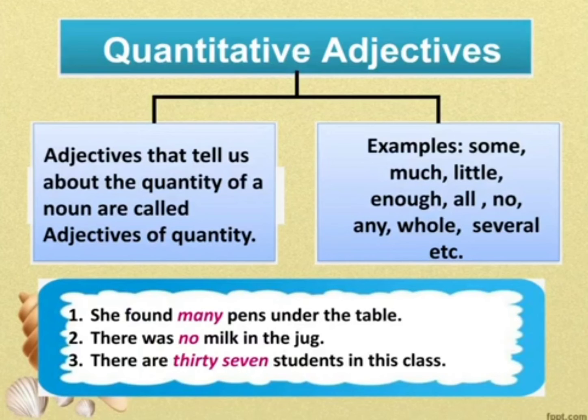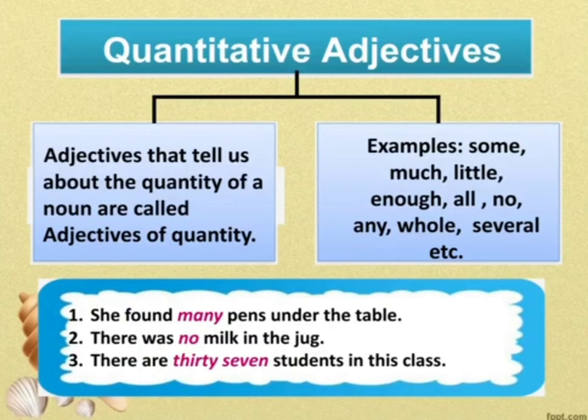So here we are talking about quantity. In any sentence, if a quantity is being mentioned, then it's a quantitative adjective. For example, in this we are talking about pens, and how many pens are we talking about? Many. So many is a quantitative adjective.